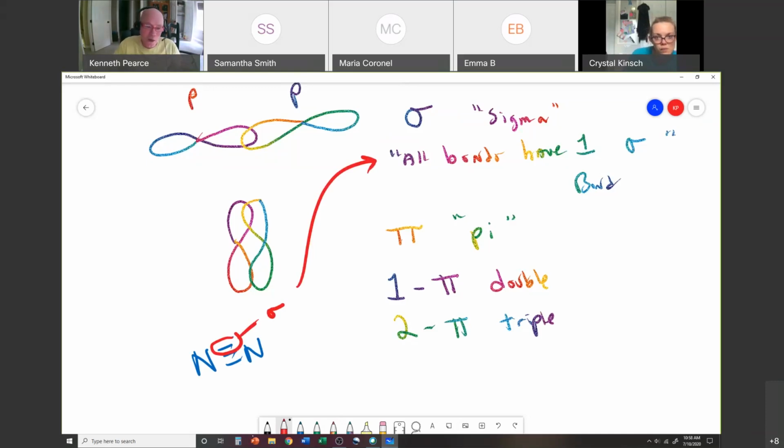Okay, the next two are the pi's. How many bonds do you have total now? You have 1 sigma, 2 pi's, you have 3 total. You see how that works? So everybody has a sigma. And any extras are pi's.